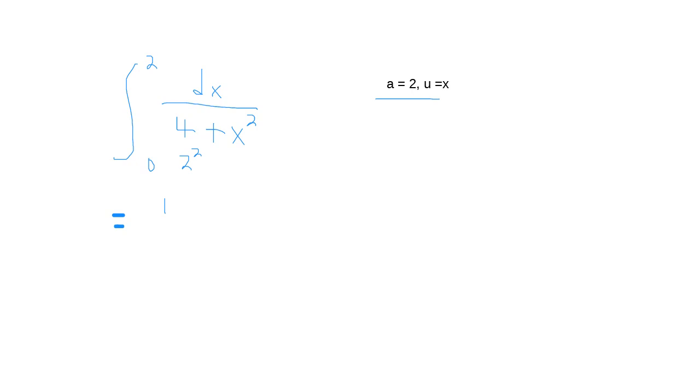By the formula, we just have a half of arctangent of x divided by 2 plus c. But here we're dealing with a definite integral, so we don't need plus c. We just want to evaluate from 0 to 2.